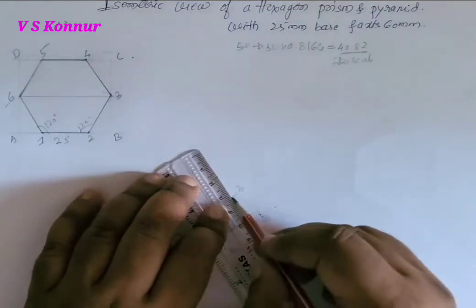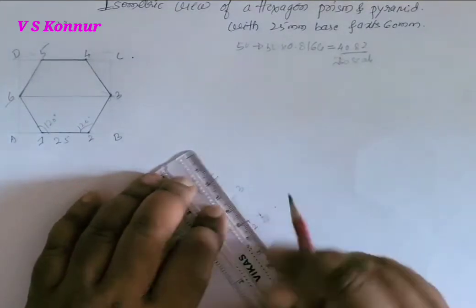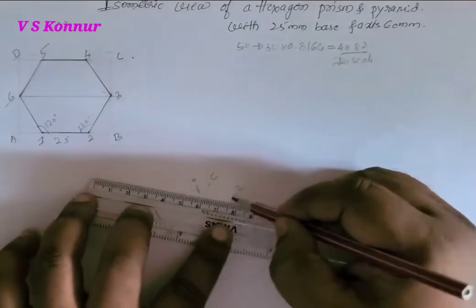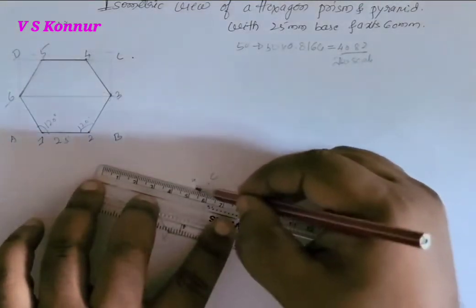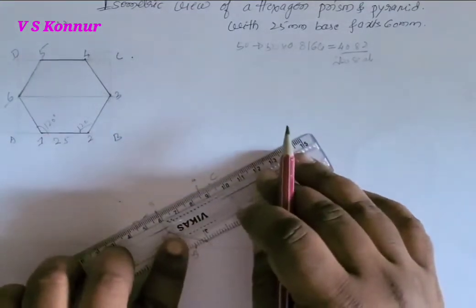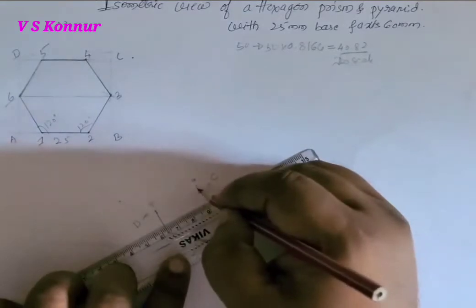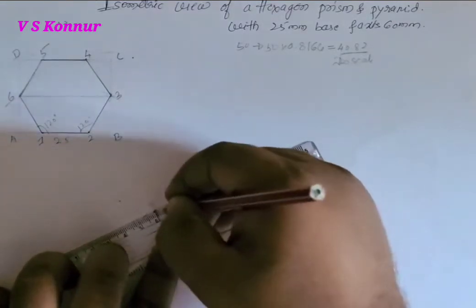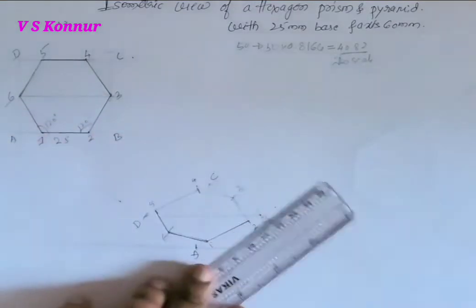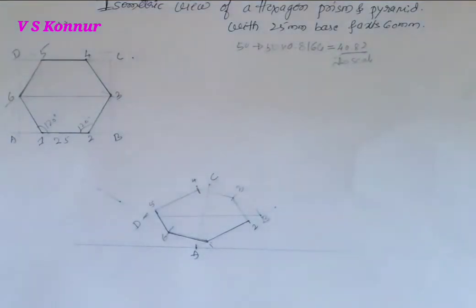With thin line I will join, will explain why. And then 3 to 4 with thin line, and then 4 to 5 with thin line. So this is the transform of a hexagon. Only plane we have transferred.